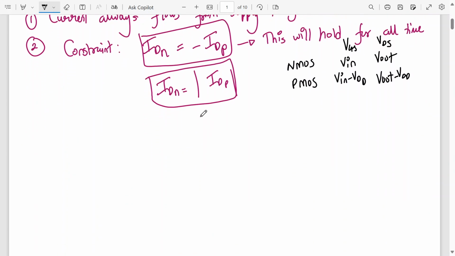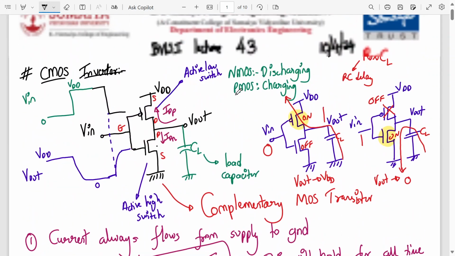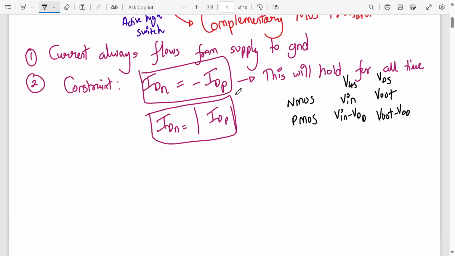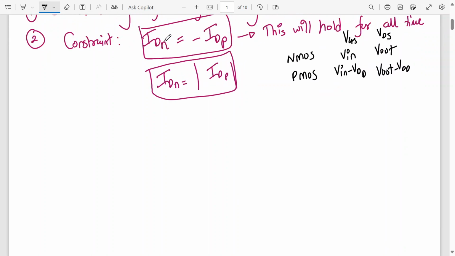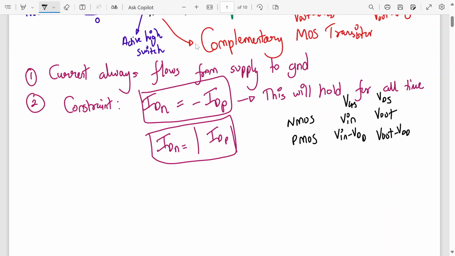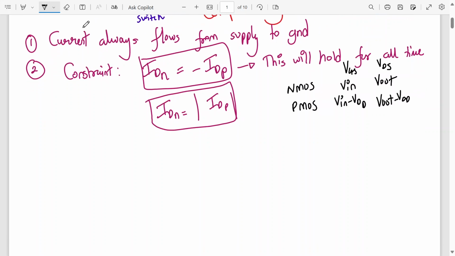Magnitude wise it will try to adjust itself. This is the primary condition which should happen. You are saying if current through one is 0, the other should also be 0, that's true. If a little current is flowing here, a little will flow here too, that is also true. So it is only in these 2 conditions, either it is on or it is off. This is a very strict switch, but it doesn't happen. On and off condition alone doesn't happen, it's more than that. Okay, understood?